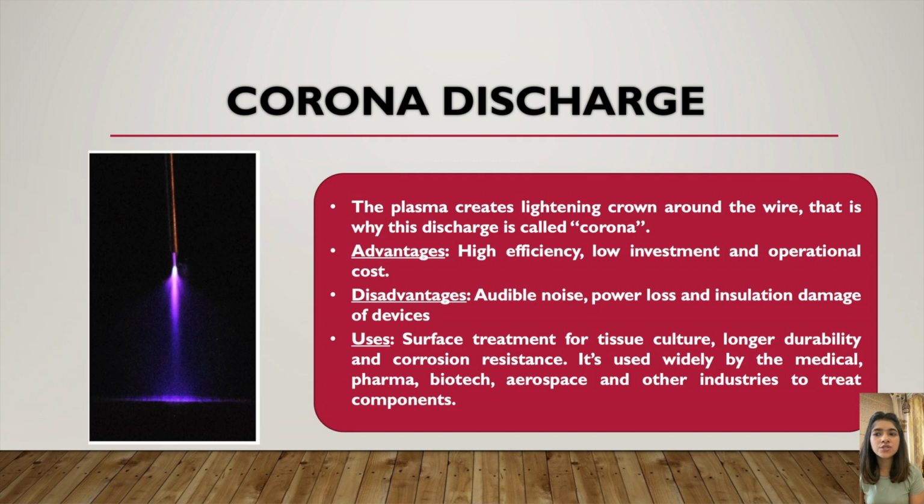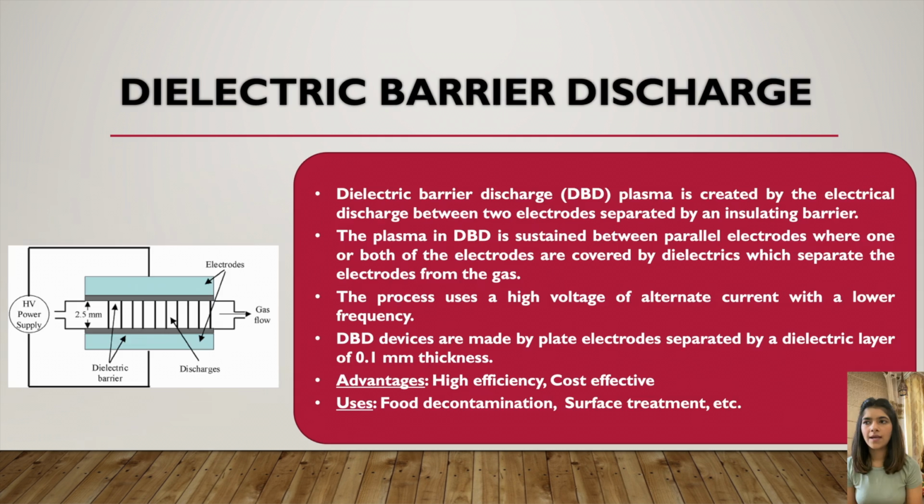Its disadvantages are that it is very noisy, and there is power loss and insulation damage to devices. Its uses include surface treatment of tissue culture, longer durability, and corrosion resistance. It is also used widely by the medical, pharma, biotech, and aerospace industries, and others, to treat components.